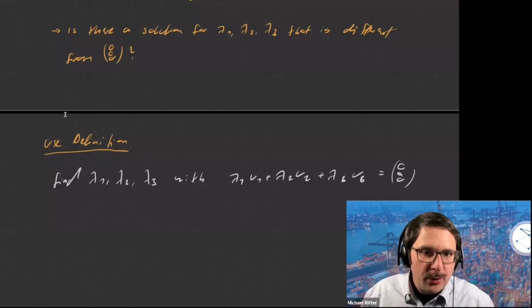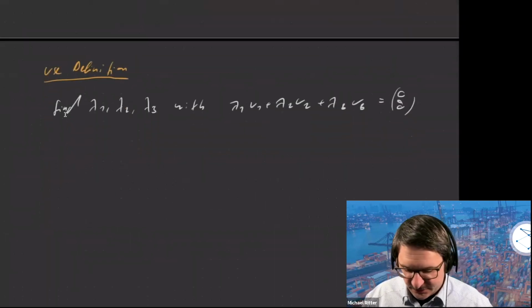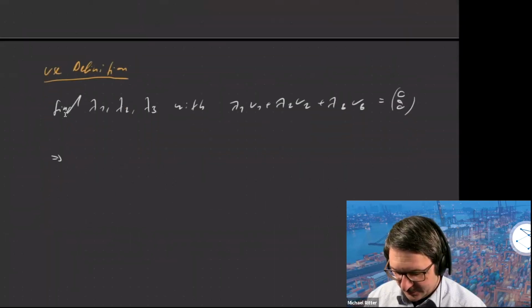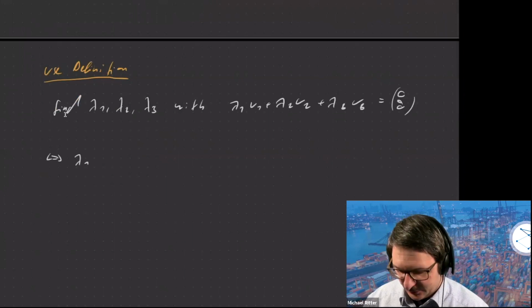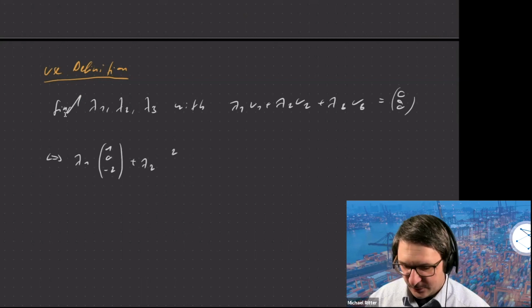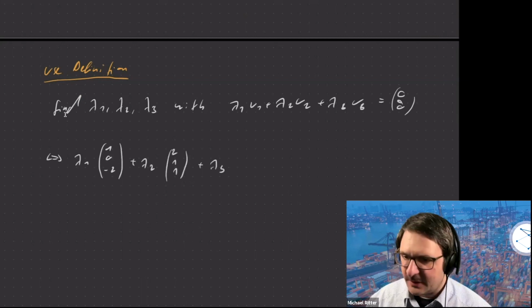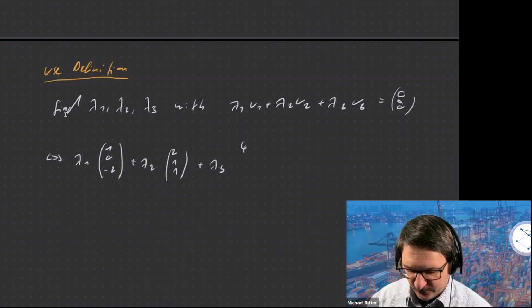And we know v1, v2, v3, we have numbers for those. So we can just use those numbers. That is lambda 1 times 1, 0, minus 2 plus lambda 2 times 2, 1, 1 plus lambda 3 times 4, 1, minus 3.